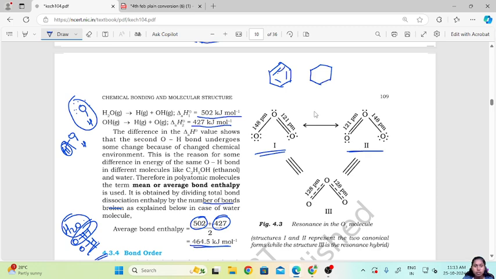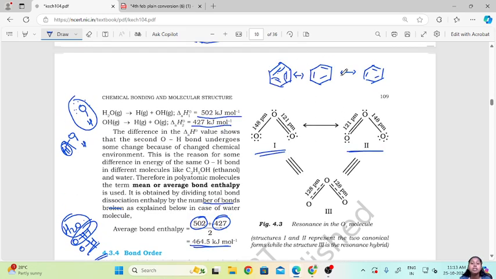For example, this bond will go here, this bond will come here, this bond will go here. So it will be like this. So you can get various resonance structures.